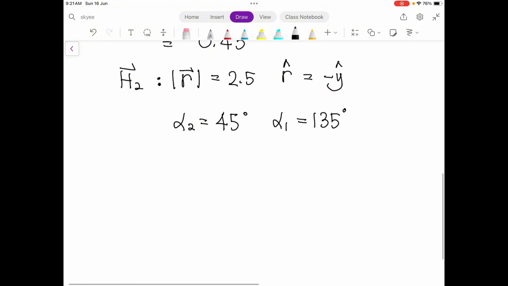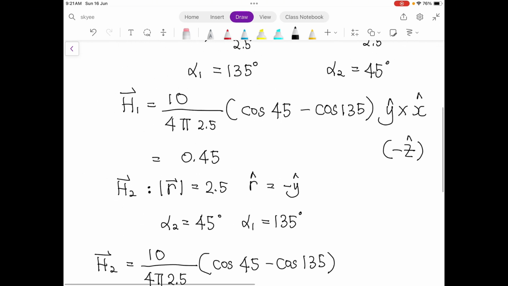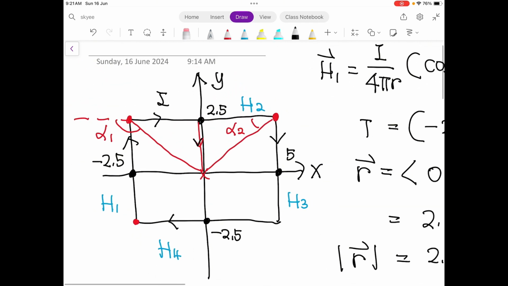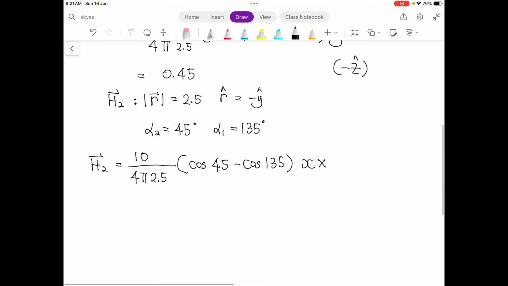So my H2 will be 10 over 4 pi r, times cos 45 minus cos 135. Now look at how the current flows. The current flows in the x direction, cross product with the unit vector r, which is negative y.